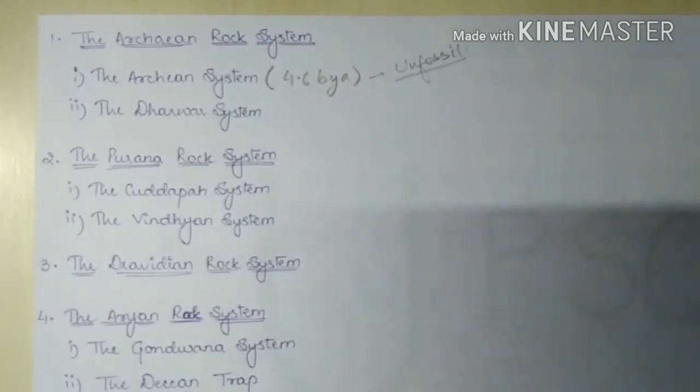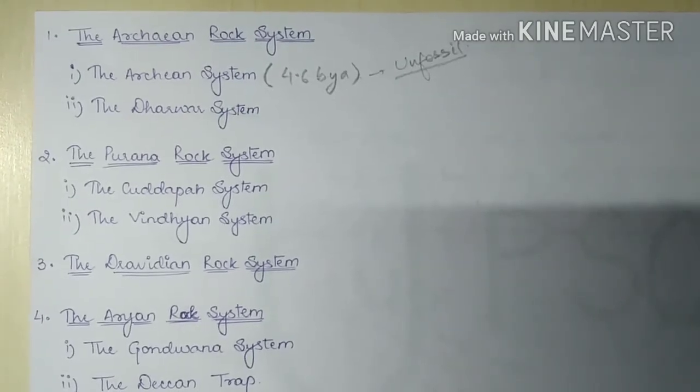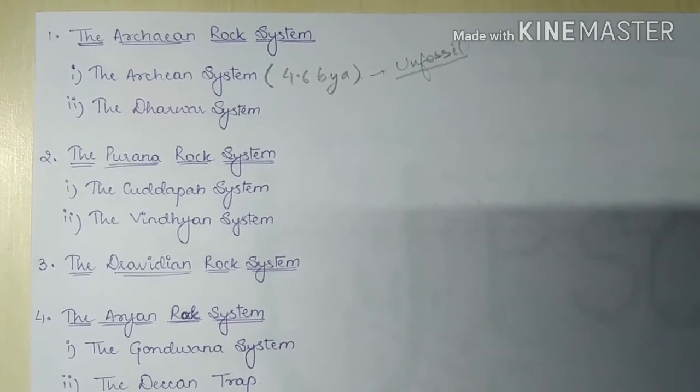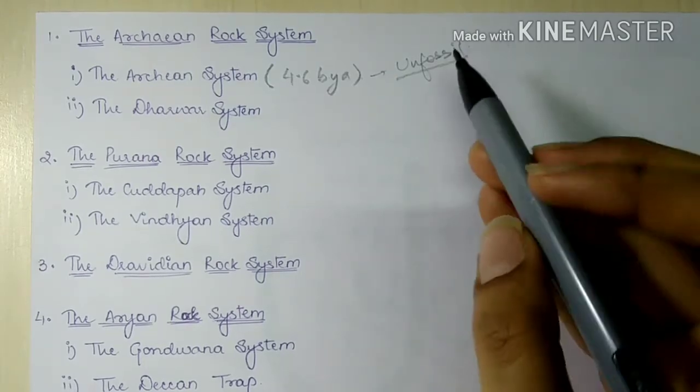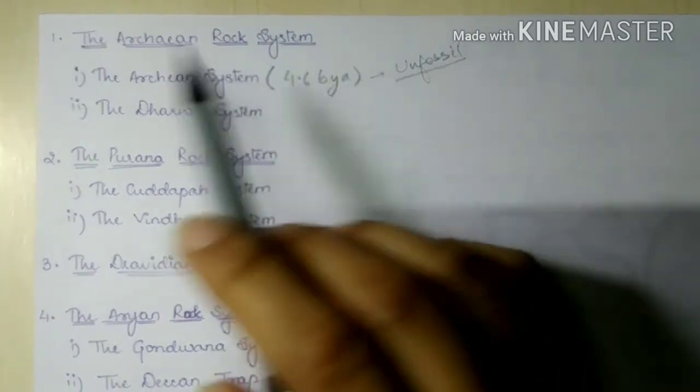They are thoroughly crystalline and extremely contoured and faulted, and they do not have any sort of sedimentation. They are devoid of any sediment, and due to erosion from many years, these rocks have lost their original forms greatly, because they are the earliest rock structure.